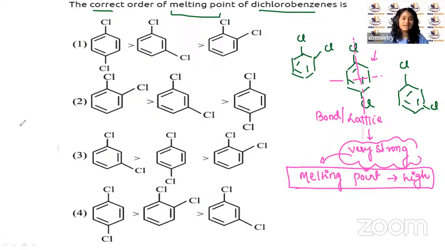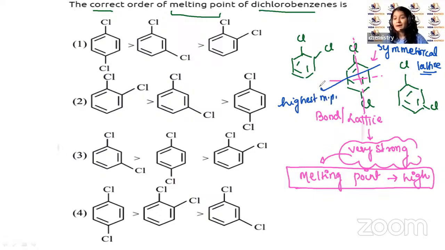The lattice is very symmetrical. Because of symmetry, can I say that this one is going to have the highest boiling point? Sorry, highest melting point. So wherever you see para, para is going to have the highest. So the second option and third option can be ruled out.